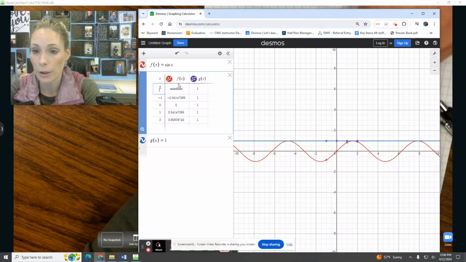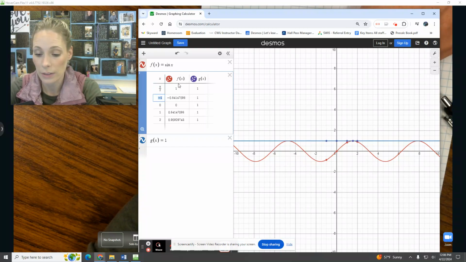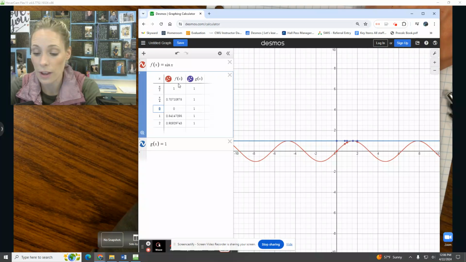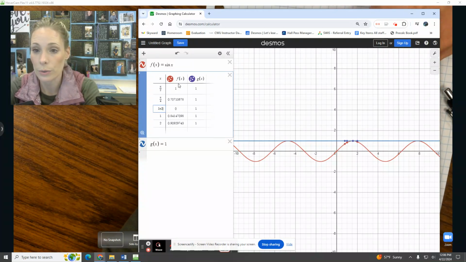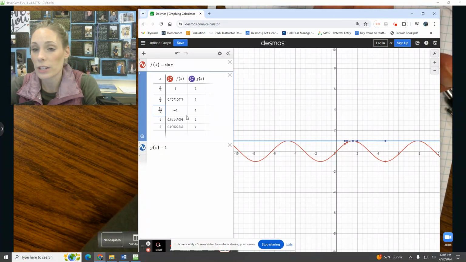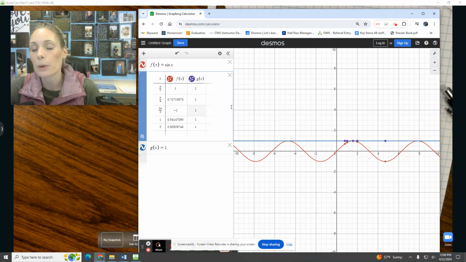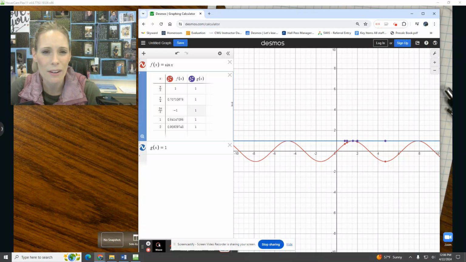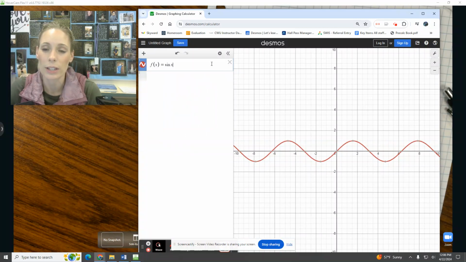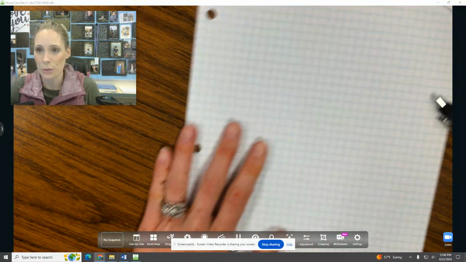So pi over 2, and then let's just put in pi over 4 just for fun, and let's put in 3 pi over 2. What you're going to see is that these are not always the same thing. So if they're not always the same thing, we want to solve for when they are the same thing. That is what solving a trig equation is all about: solving for when this is true.